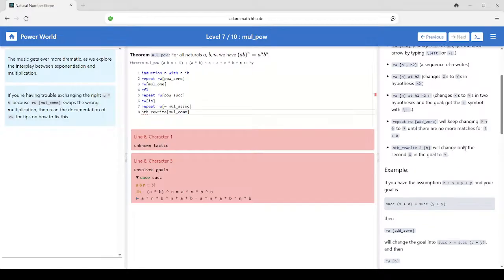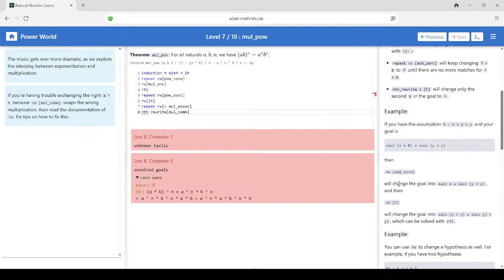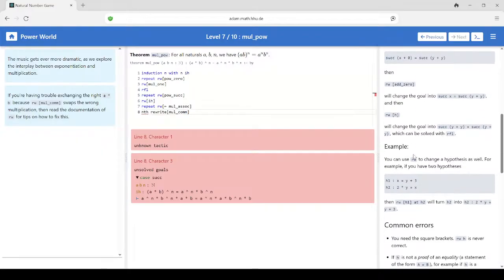And rewrite 2 will change only the second x in the goal to y. I'm sorry, I don't have any more brain power, but I'm so close. We're so close.